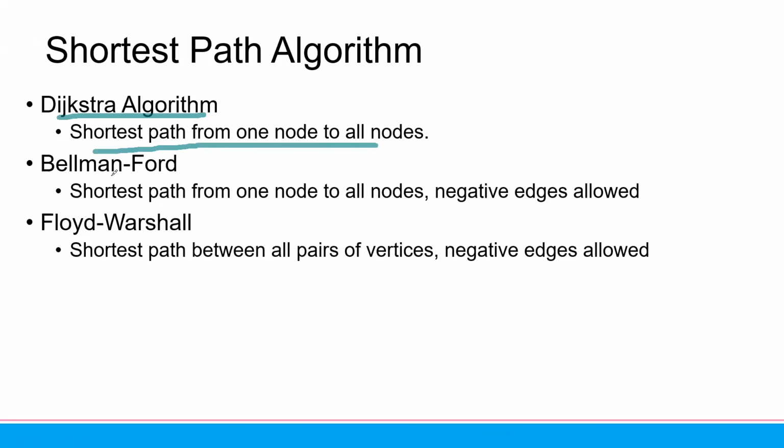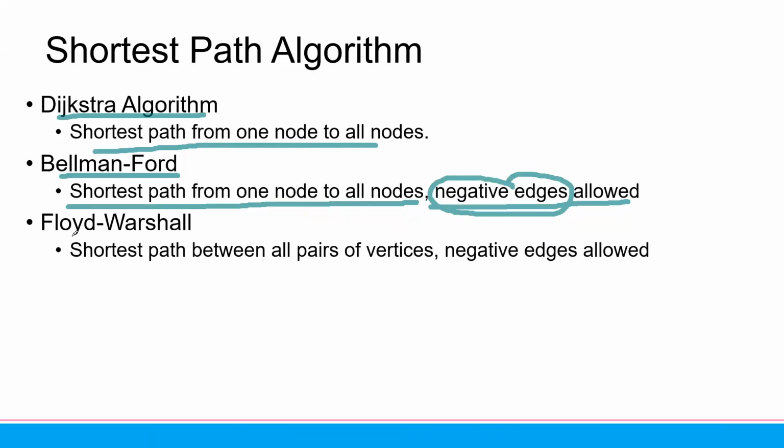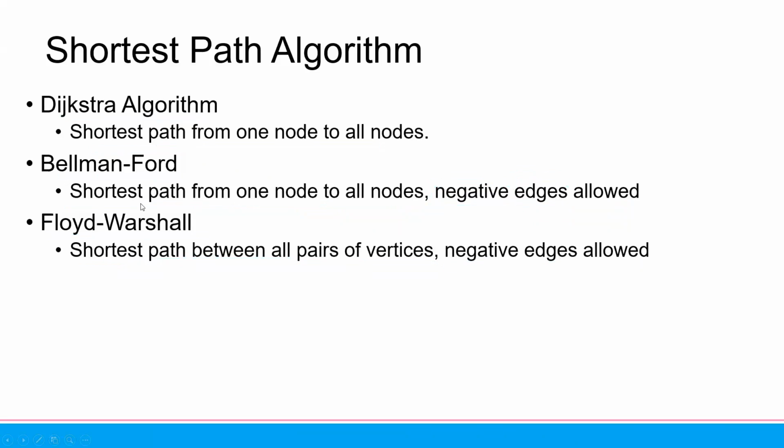We will learn Bellman-Ford, which is the shortest path from one node to all nodes, with negative edges allowed. Negative edges means negative weight. And we have Floyd-Warshall, the shortest path between all pairs of vertices, with negative edges allowed. There is one more, which we call DAG. We will check all those algorithms.